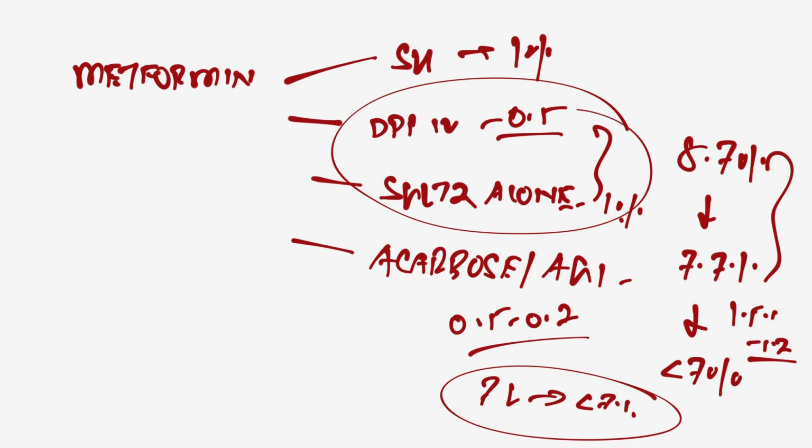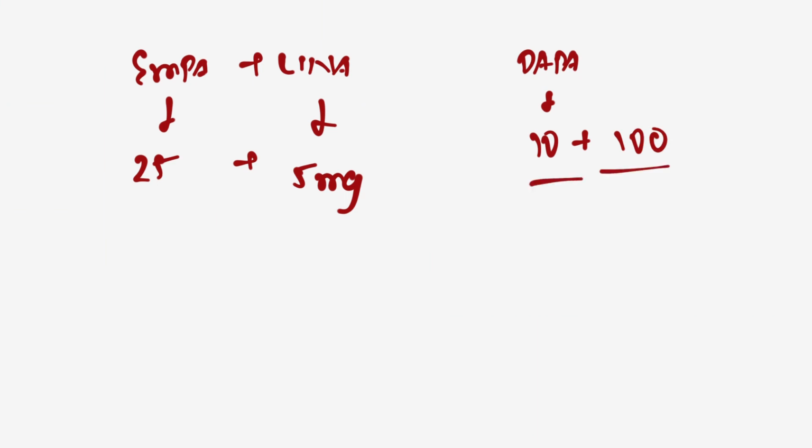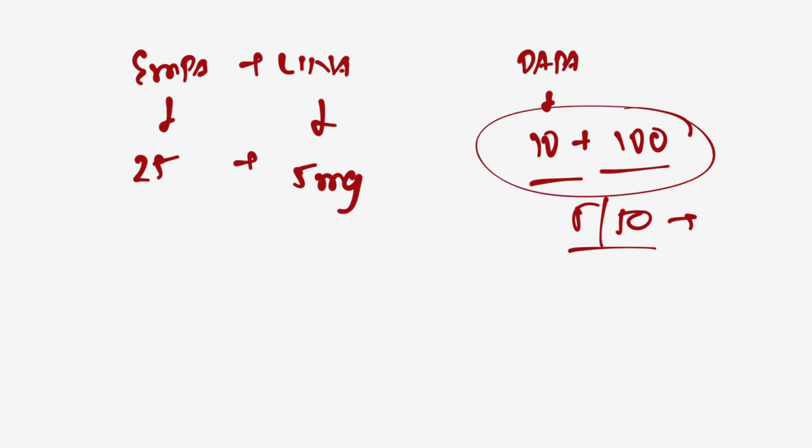So what kind of medication and what doses are available? You have Empa and Lena, in which you generally have Empa in a dose of 25 milligram with Lena in a dose of 5 milligram. This is a common combination which is available. As far as Depa and Ceta is concerned, we generally have Depa 10 milligram plus Ceta 100, which is typically available, or you have 5 with 50 also, which can be given twice a day, but this is the one which is generally used.